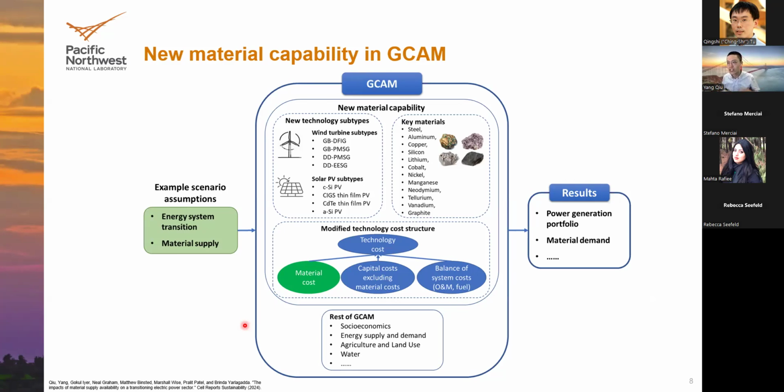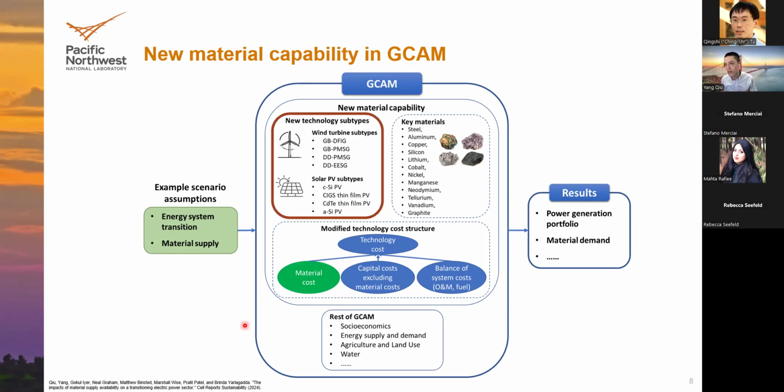So this is something new that we recently introduced into the model. In the first step of our work, we have mainly focused on capturing material demand across different sectors, for example energy and also buildings. Within energy, we specifically look at electricity, transportation, hydrogen, etc.